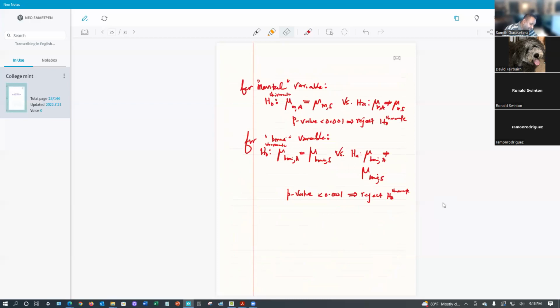That means both variables are significant for the overall differences in averages, or average differences.